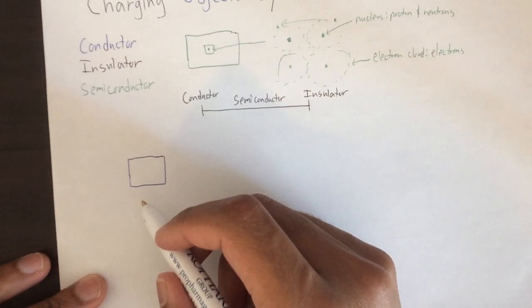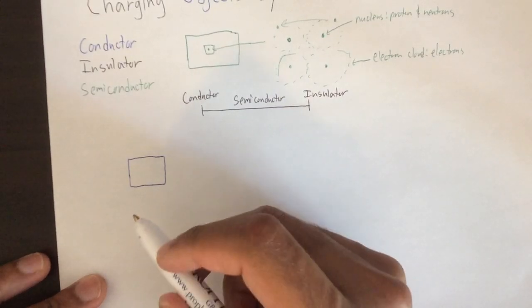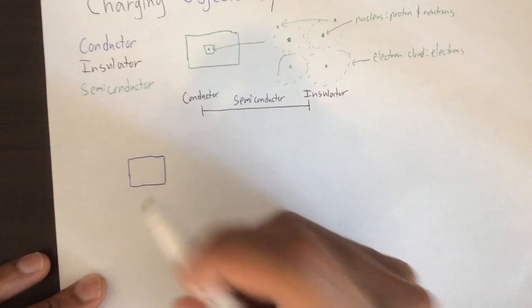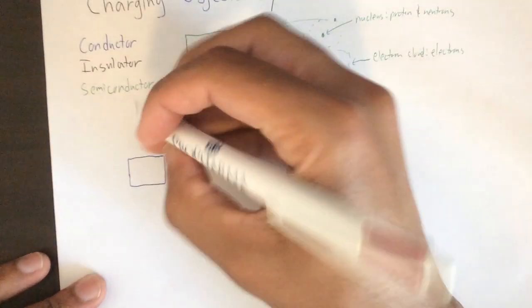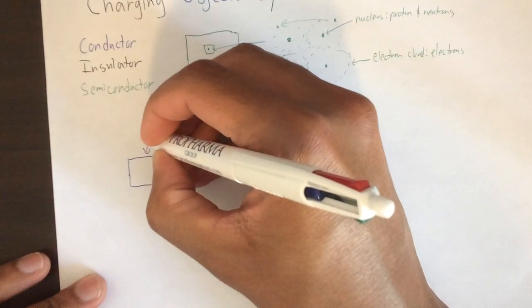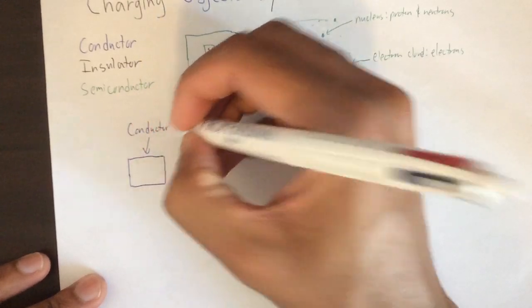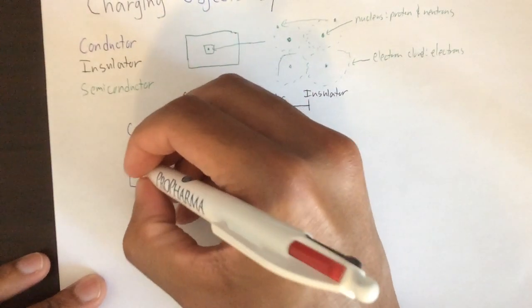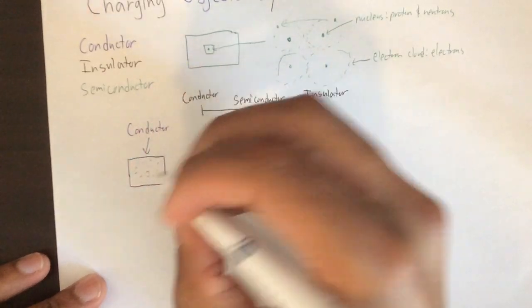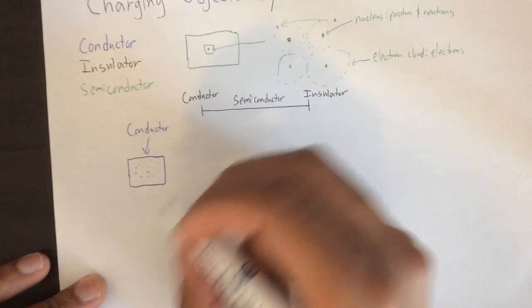Now let's say this object here is a conductor. So that means the electrons in this object are free to move around.